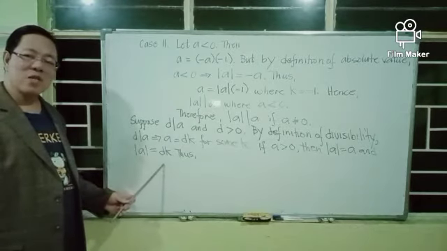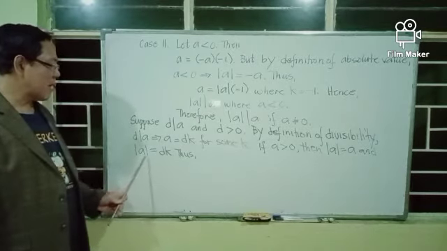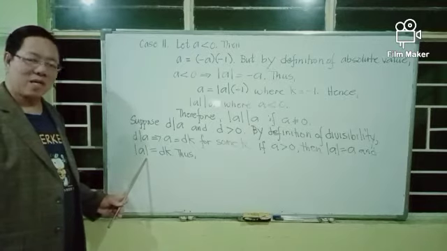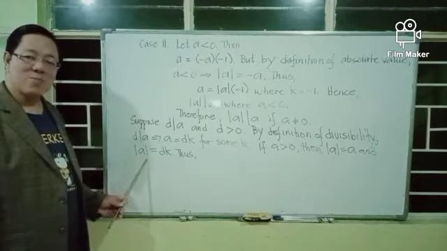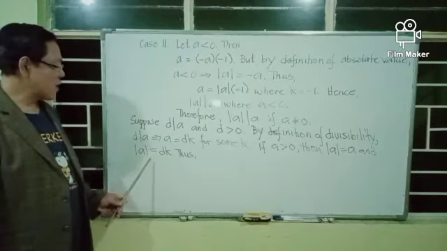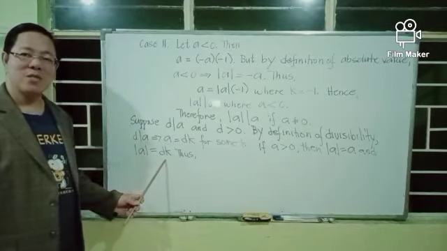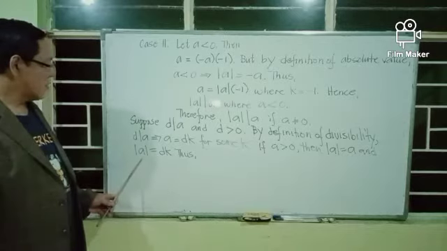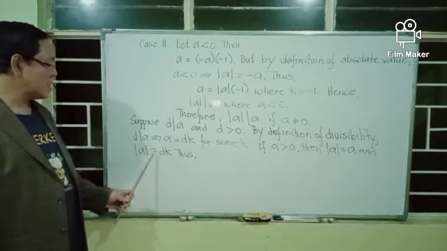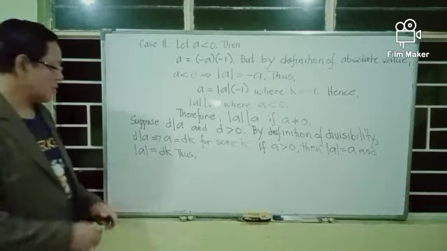So from this equation, we can conclude that d divides the absolute value of a, because the absolute value of a, as we have shown, is equal to d times k for some integer k that exists. So from this equation, we conclude that d divides the absolute value of a.